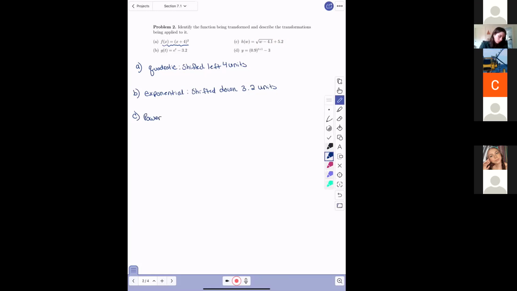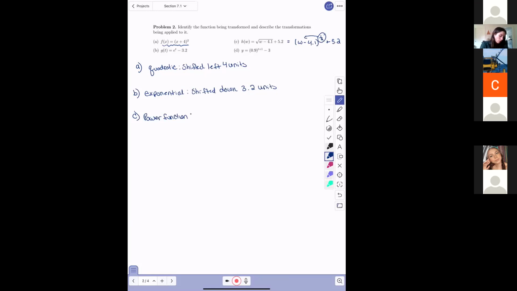The square root is over the variable minus 4.1. So you'd put w minus 4.1 in parentheses, and then it would be to the 1/2 power. Good. We could rewrite this as w minus 4.1 to the power of 1/2 plus 5.2. And when we rewrite that, we can now see that we have a power over our variable, so it's a power function.